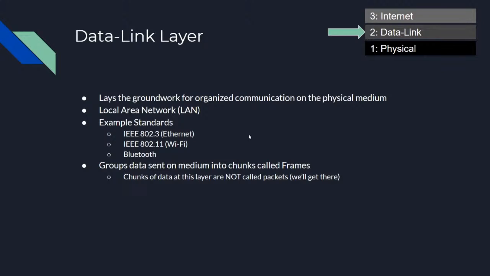Example standards of layer 2, you see IEEE a lot. 802.3 is Ethernet. 802.11 is Wi-Fi. Now, don't get confused. Wi-Fi and Ethernet were physical standards too, but Ethernet also has how the data is organized on the wire.